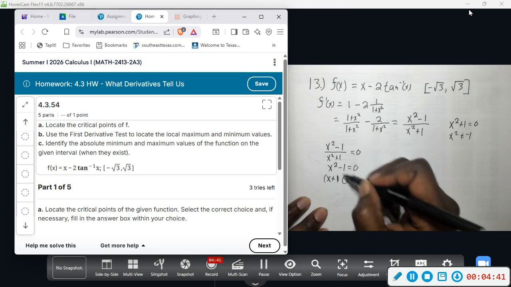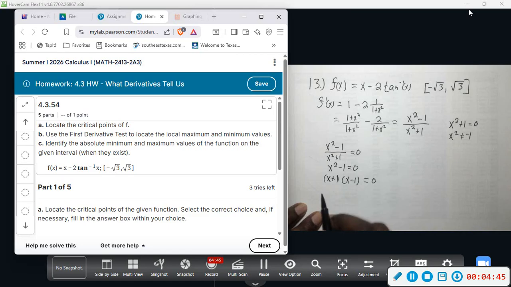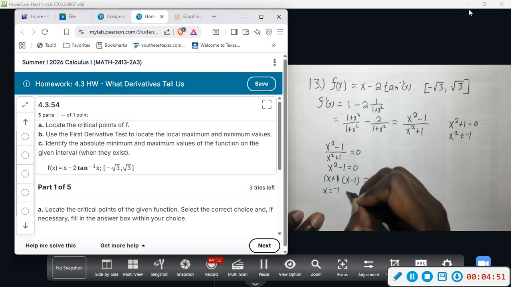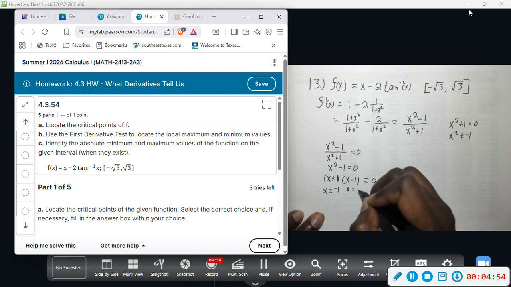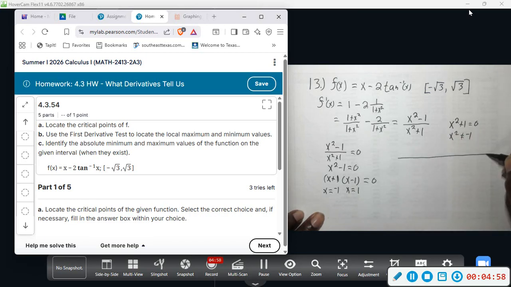You could also just add 1 and then square root both sides, but factoring it may let you see it easier. So we get two values for 0. X equals negative 1 and x equals positive 1. So these would be our critical values.